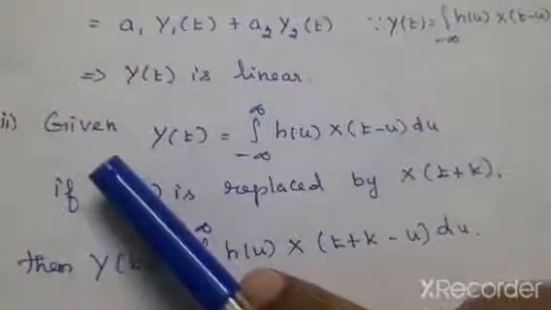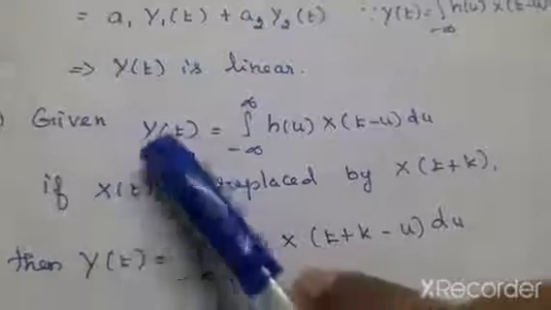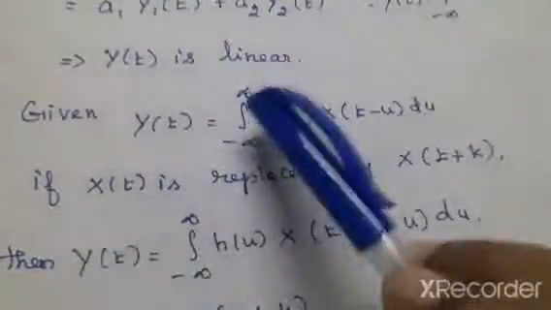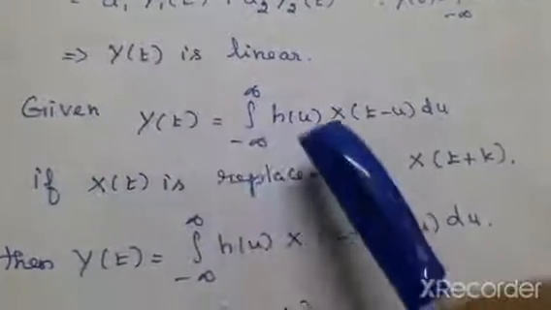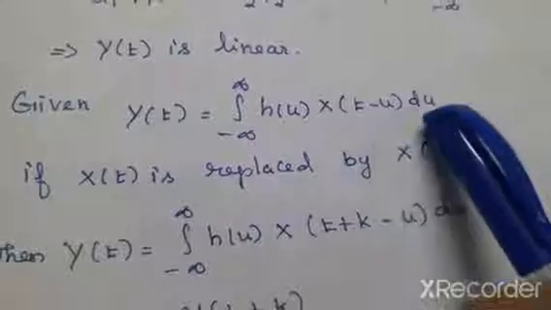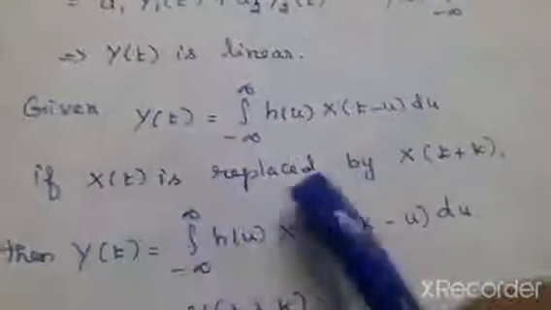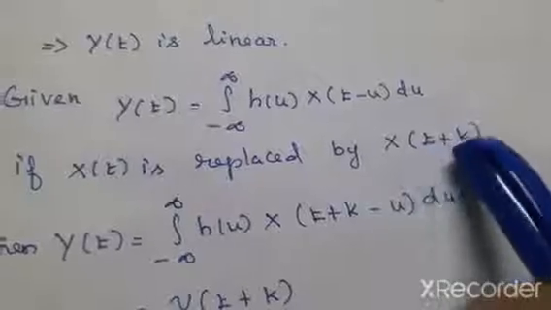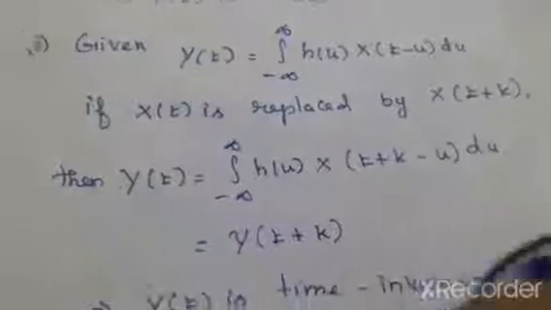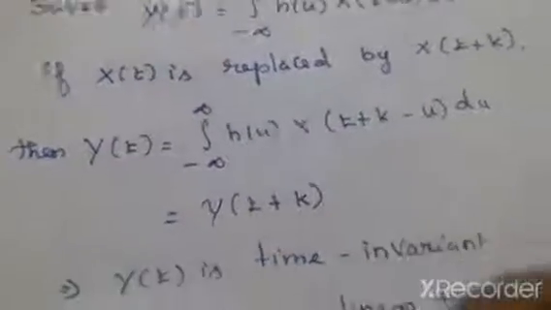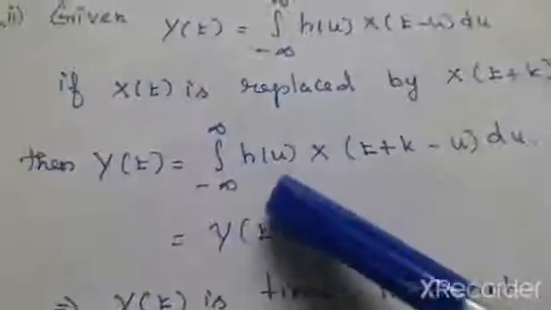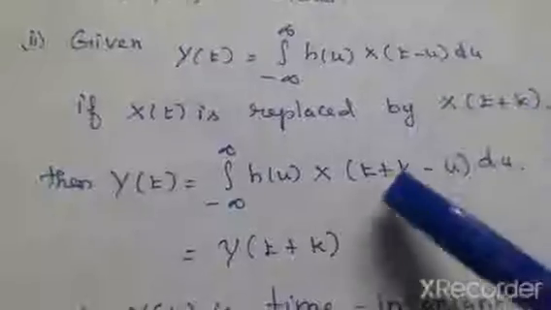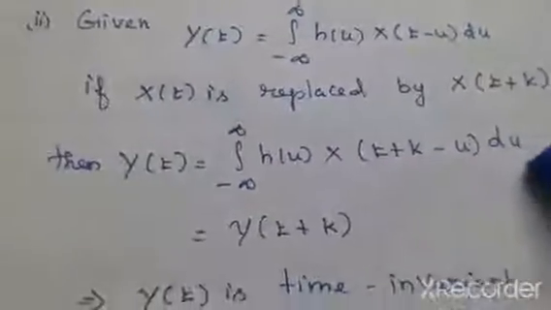Second, time invariance. We need to show that y of t equal to y of t minus tau. Given y of t equal to integration minus infinity to infinity h of u x of t minus u into du, if x of t is replaced by x of t plus k, then the equation becomes y of t equal to integration minus infinity to infinity h of u x of t plus k minus u into du.